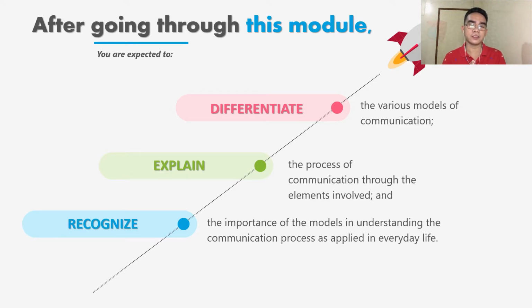Number two, explain the process of communication through elements involved. Later on, you will learn how the communication process takes place, and identify the different components or elements of communication that are necessary in a certain process.